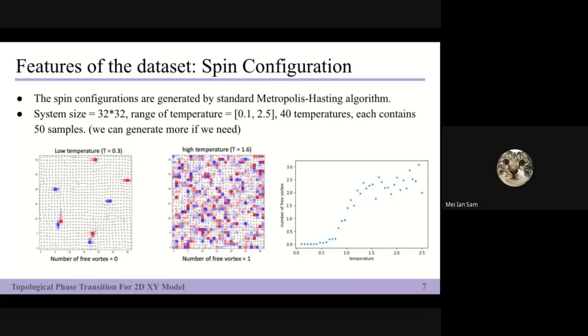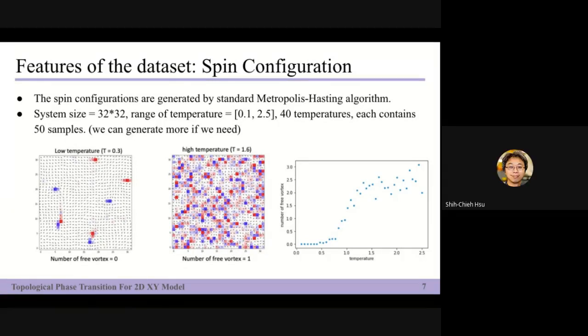Red and blue is a vortex pair. So the free vortex is 0 because we label a vortex as 1 and an anti-vortex as -1.